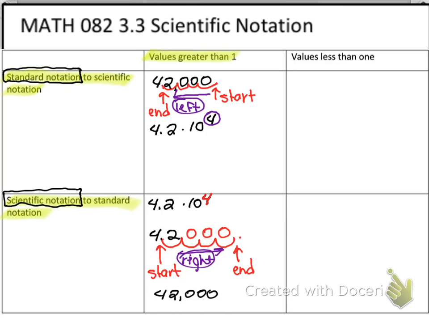If I have a value greater than 1, the first thing I know is that values greater than 1 have positive exponents.